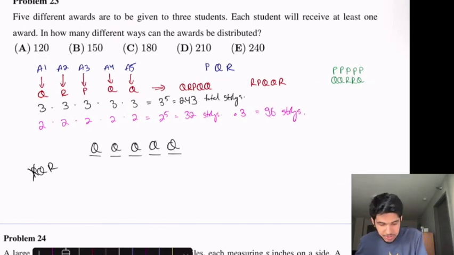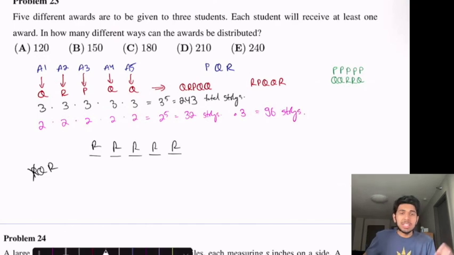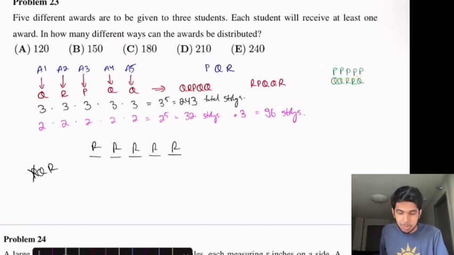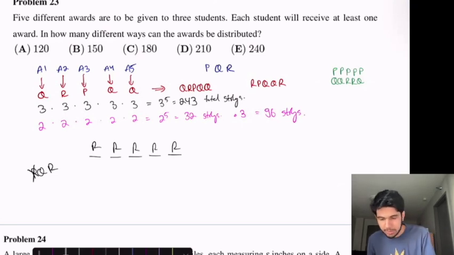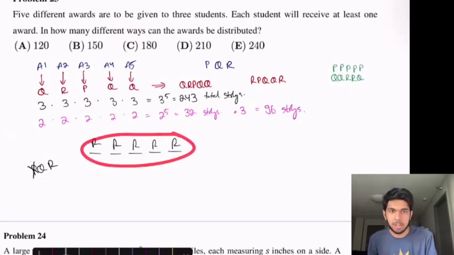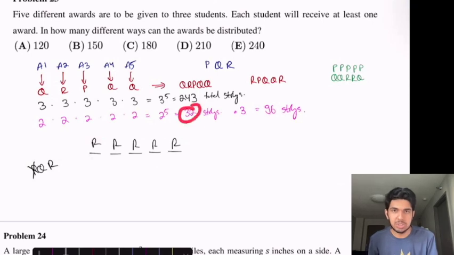And in fact, we can also get, in this case, R, R, R, R, R. So that's good in a sense, because now we don't have to worry about subtracting this out again. But like I said, we're actually subtracting these out more than once. And here's the reason why. In this case right here, we excluded P, and we counted R, R, R, R, R in one of these 32 strings, right?